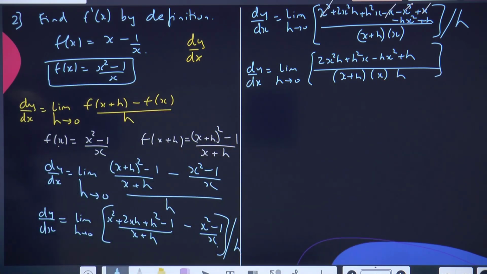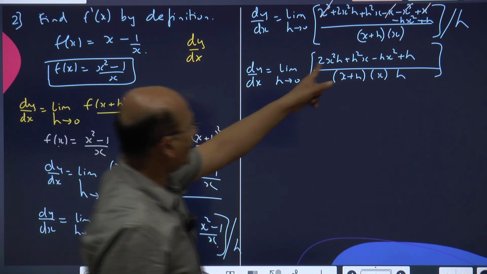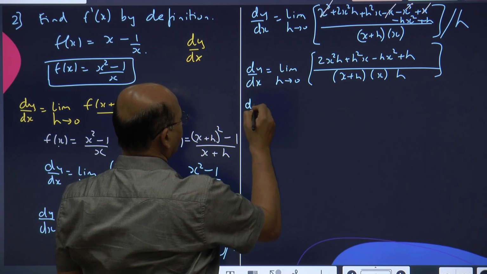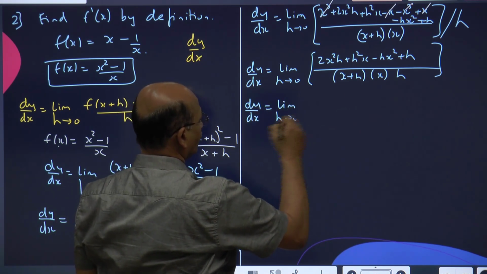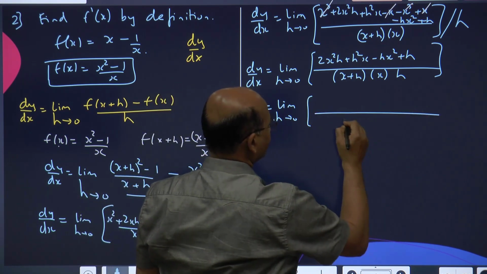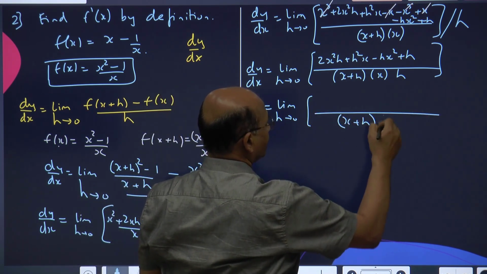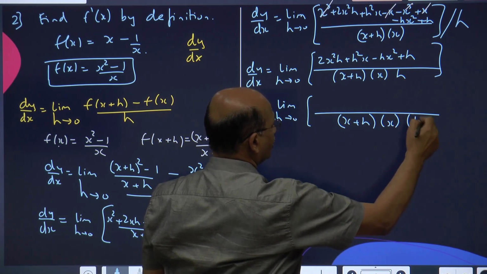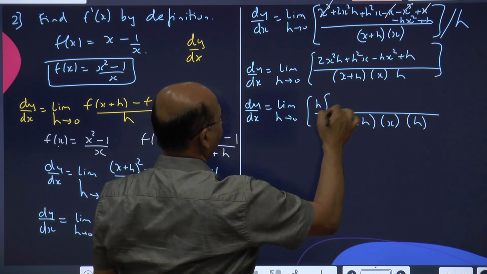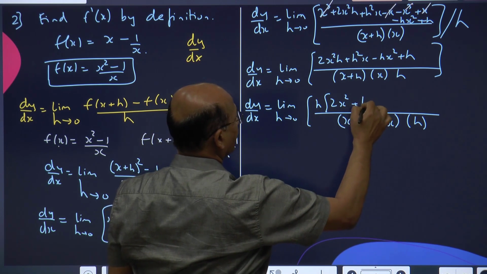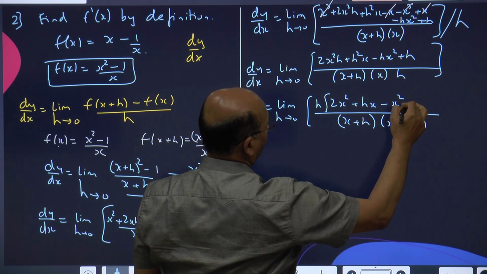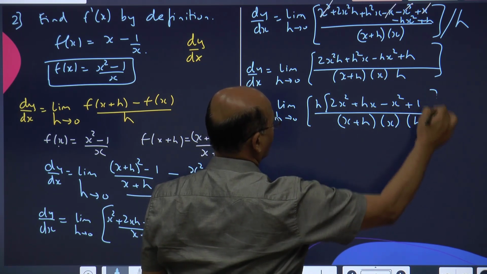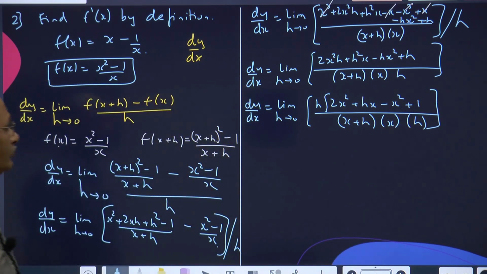Okay, fine. Now I can take h common from the numerator. dy by dx is equal to limit of h approaches 0. The denominator will remain as it is: x plus h, x. If you take h common, what will remain? 2x square plus hx minus x square, plus 1.